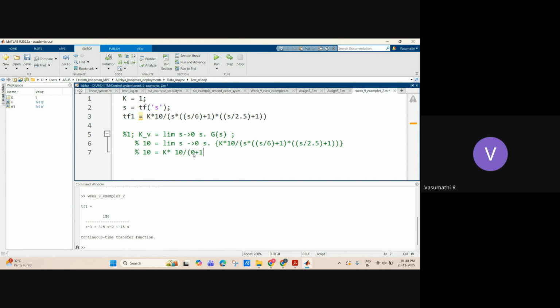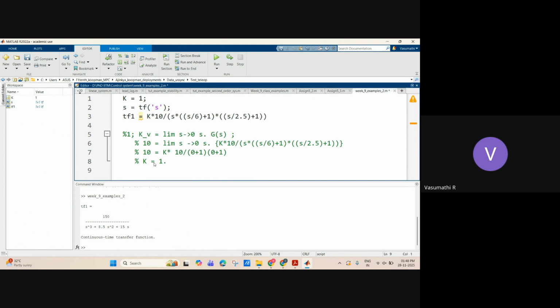So 10 is equal to k into 10. This 10 and 10 will get cancelled, k equal to 1. Any doubt in this? No, ma'am. Okay, so the first gain we have calculated, k as we fixed earlier, is 1 for this problem.